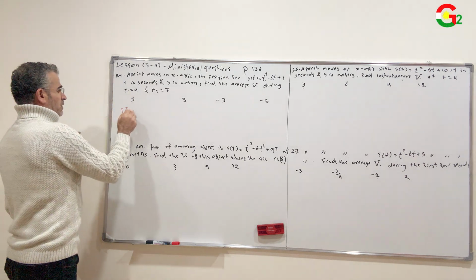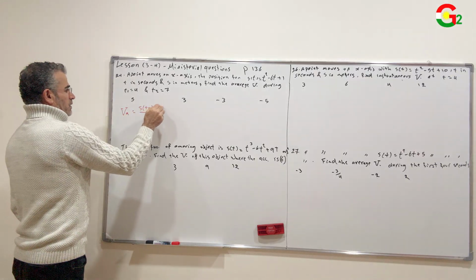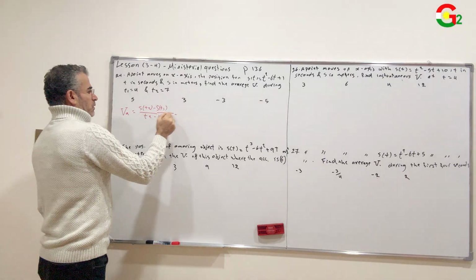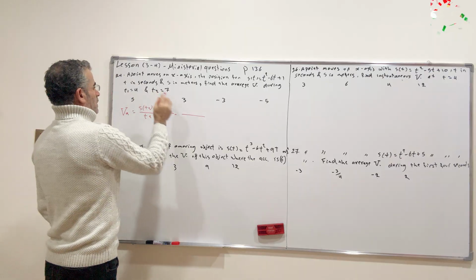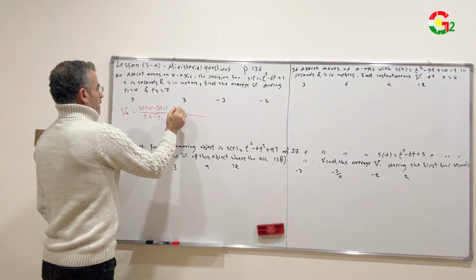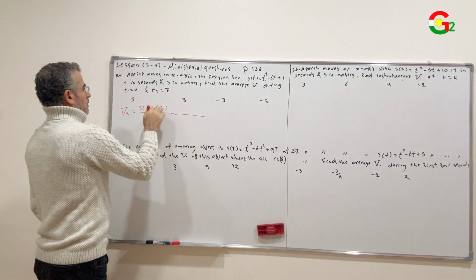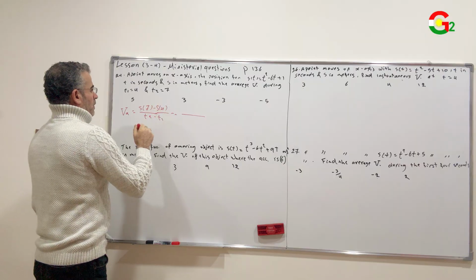The average velocity equals s of t2 minus s of t1 over t2 minus t1, equal to s of 7 minus s of 4.